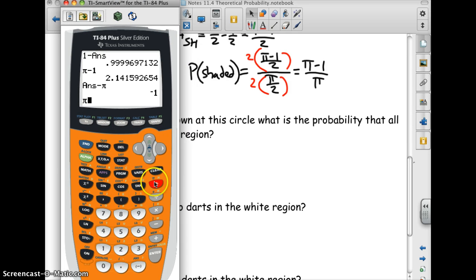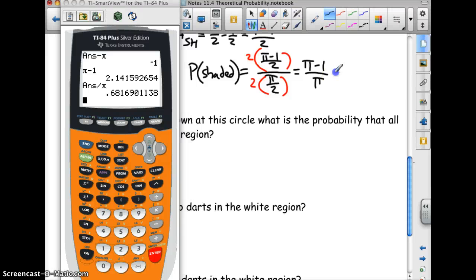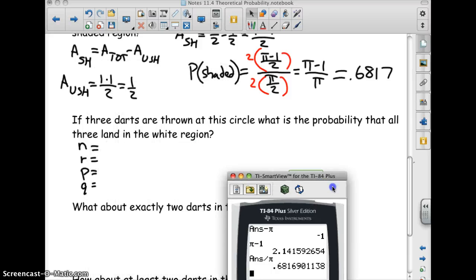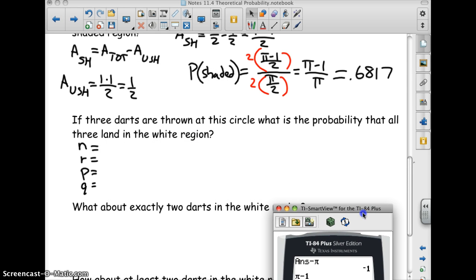All right, pi minus 1, enter, divided by pi. There we go. That looks a little better. 0.6817. I'm going to keep quite a few decimals for this. So the probability of the shaded is 0.6817. I'm going to use that down here to answer this question.